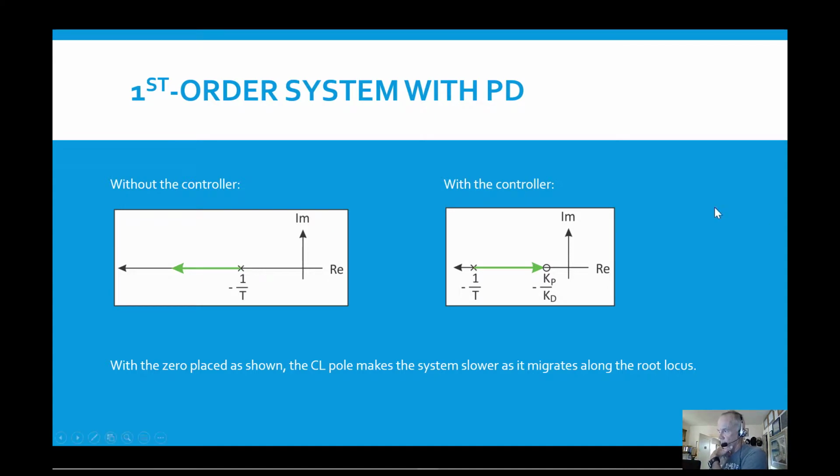Of course, I can choose Kp over Kd so that I put this 0 further to the left, and then the root locus would run out to the left, but it would not run out infinitely like it does here. It would stop at the 0.